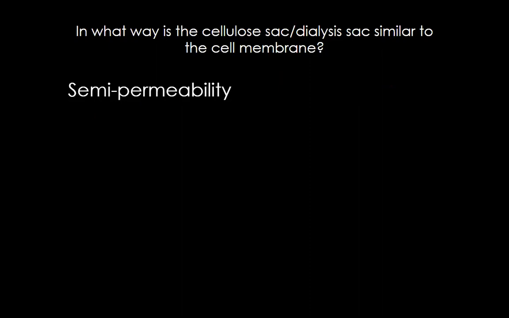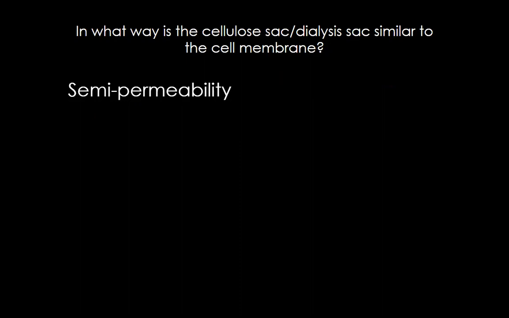Now, in what way is a cellulose sac or dialysis sac similar to the cell membrane? Well, similar to the cell membrane, the cellulose sac is semi-permeable. It only allows small molecules to pass through. And the cell membrane is the same. It can only allow small molecules to pass through also, particularly small uncharged molecules.